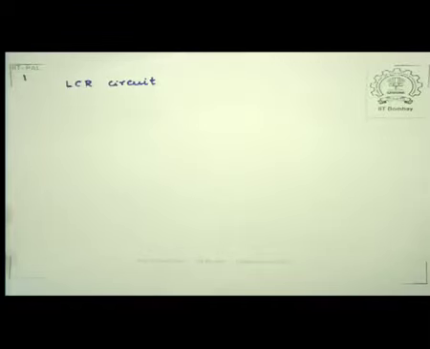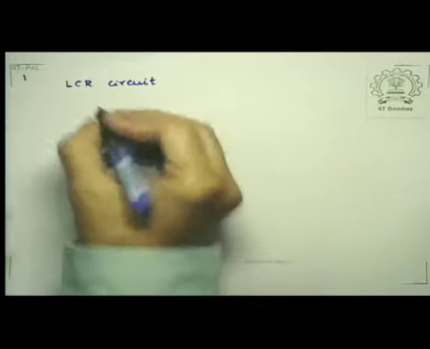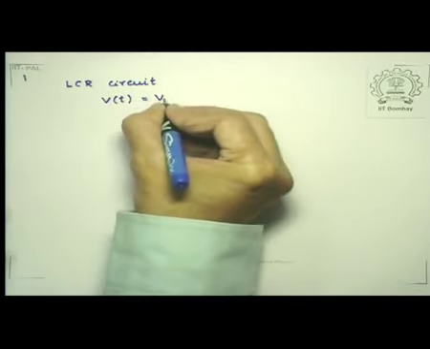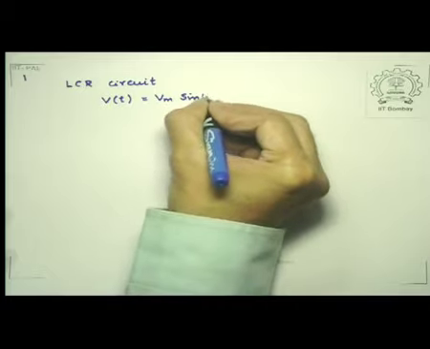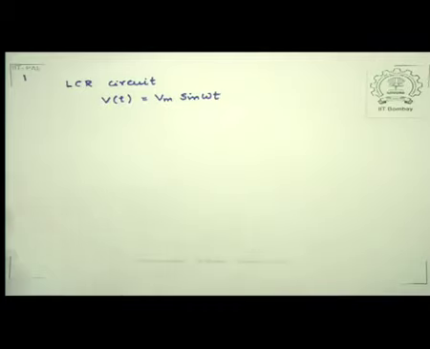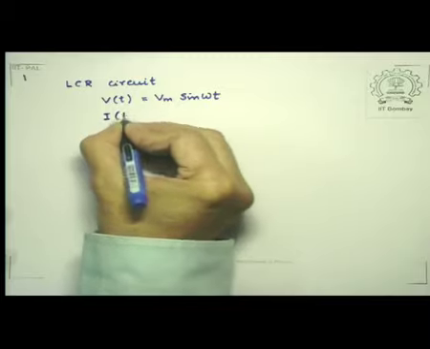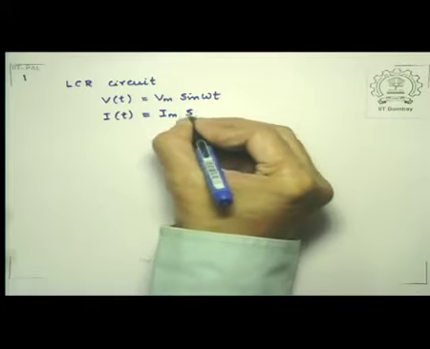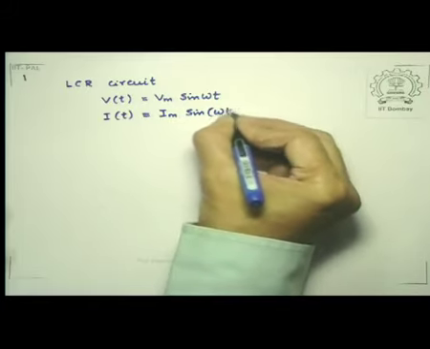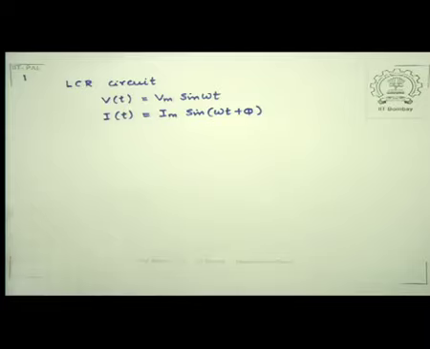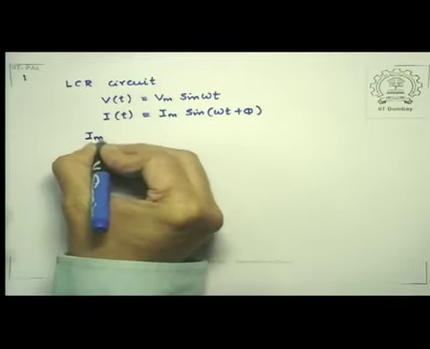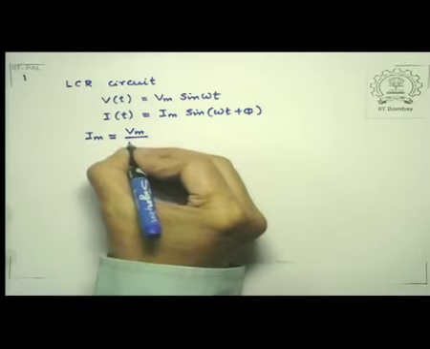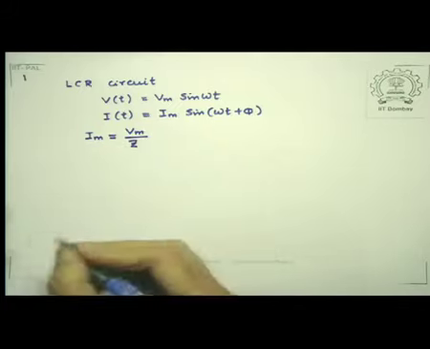Recalling that when we have a voltage variation given by V of t equal to Vm sin omega t, the corresponding current will be given by Im times sin of omega t plus phi, where the current amplitude Im is given by the voltage amplitude divided by the impedance.